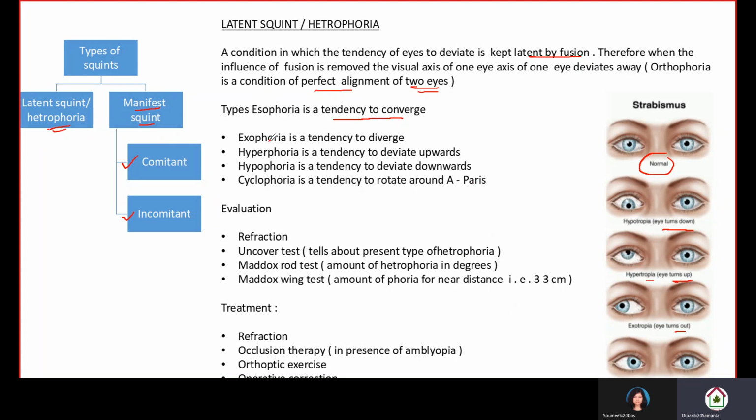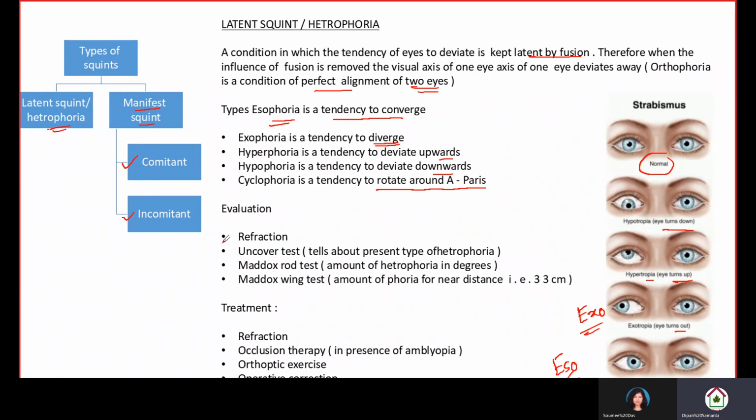So exophoria is tendency to diverge, and esophoria is to converge. So this is esotropia, and this is exo. This is eso. Hyperphoria, upward. Hypophoria, downward. And cyclophoria is tendency to rotate around an axis throughout the eye.